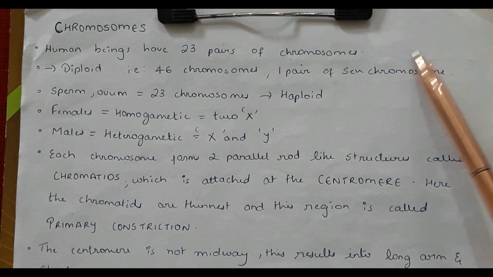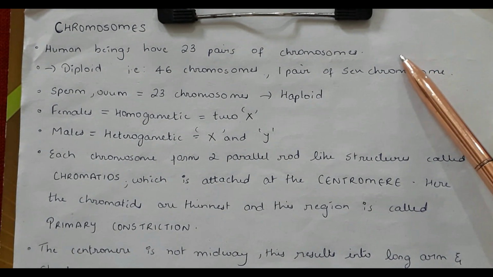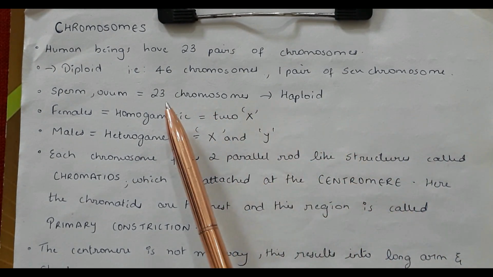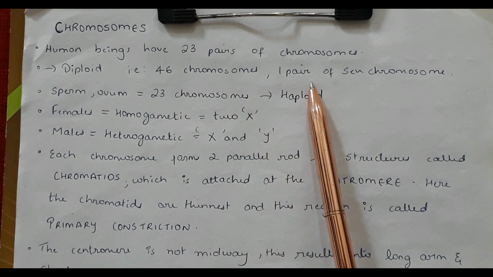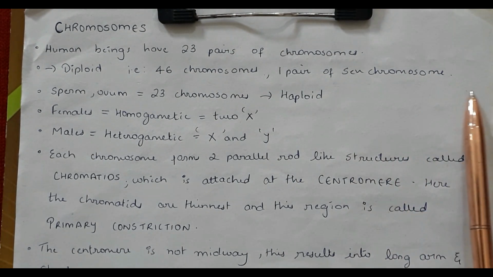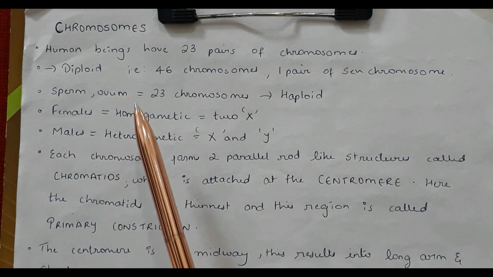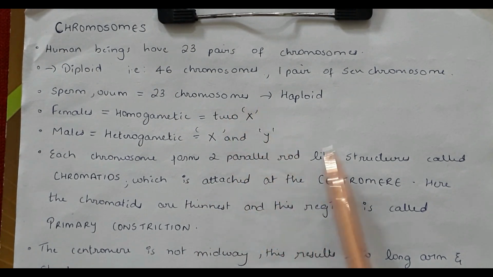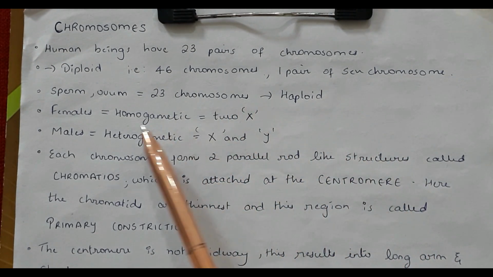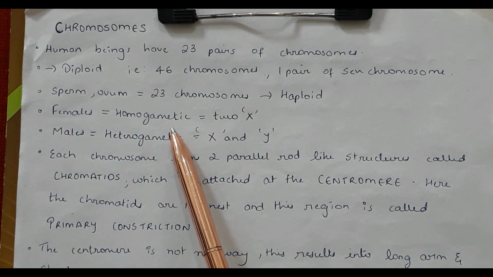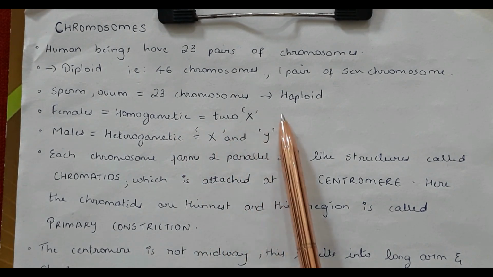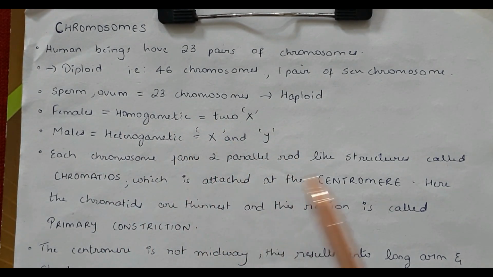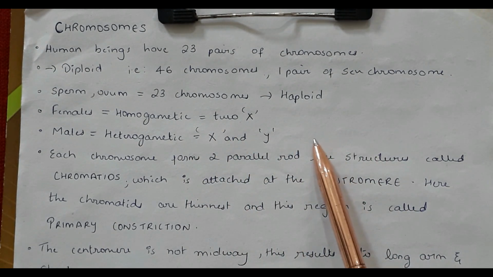Chromosomes. Human beings have 23 pairs of chromosomes. It is diploid, that is, it has 46 chromosomes, including one pair of sex chromosomes. The sperm and the ovum have half the number, that is 23 chromosomes, therefore it is called haploid. Females are homogametic, which means they have two X chromosomes, and the males are heterogametic, that is they have X and Y chromosomes.